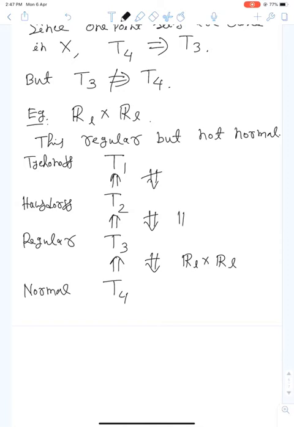Here we get RK, which is Hausdorff but not regular, and here we get the line with two origins, which is T1 but not T2.